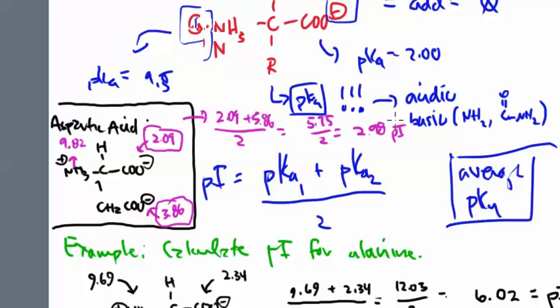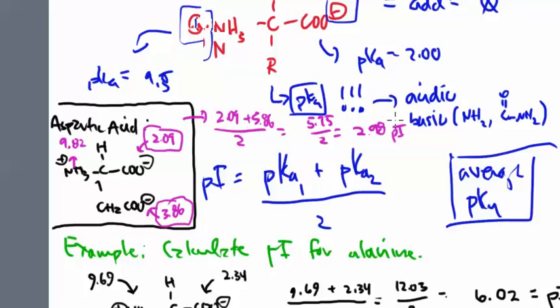So that is how you will treat the ones that do have this third pKa value. So for the pIs of most amino acids that have these ionizable side chains, you take the average of the pKa values of the ionizing groups that are closest in value. That's how you do them every single time.